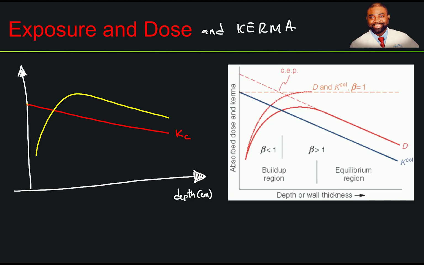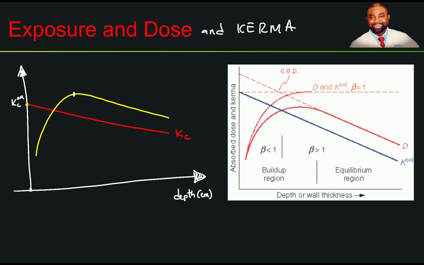You notice here, the first observation that we can make is that collision KERMA is maximum at the surface, but the depth dose curve has a maximum which is not at the surface.